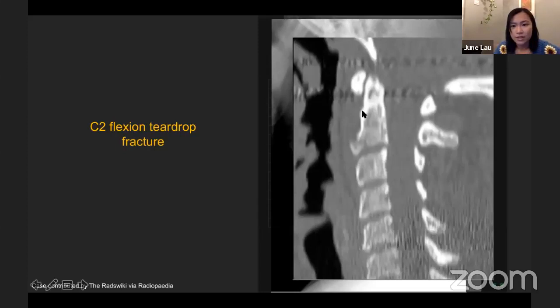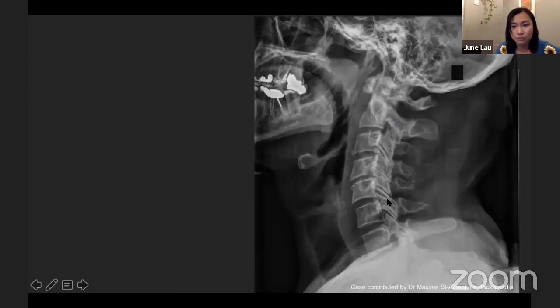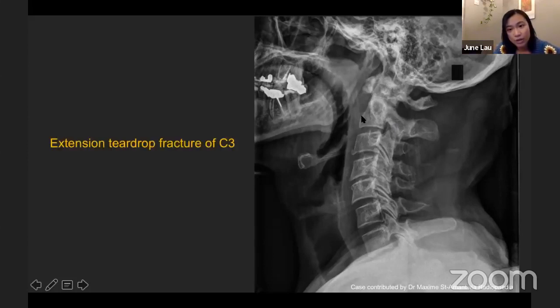And here is just that example on CT, where you can see it more. I will skip this one because it's very similar to our previous images, where when you draw the anterior line, you notice that there's a step here. So there's a flexion fracture again on this line.